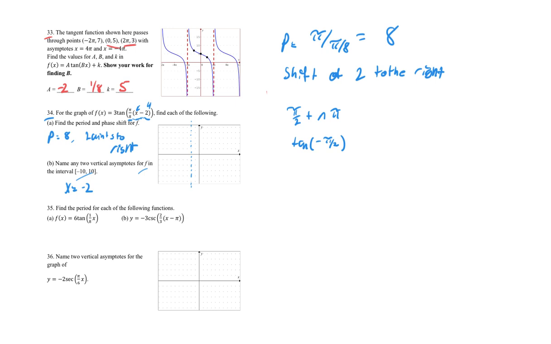So 1, 2, 3, 5, 6. There's that 2 point. Nope, wrong way.